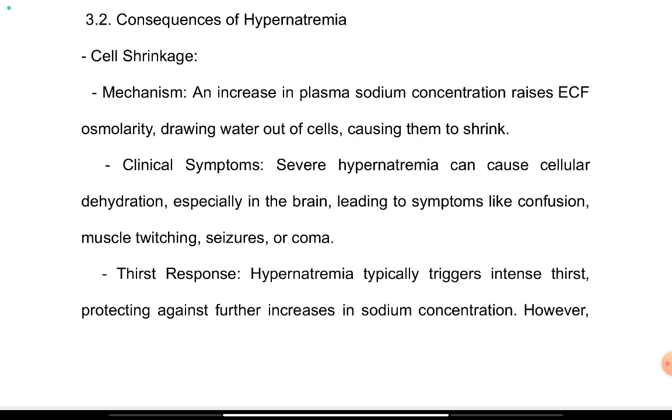Basic principle of osmosis: there will be movement of fluid from an area of lower solute concentration to an area of higher solute concentration. There's higher solute concentration in the extracellular space, so by definition, there will be movement of water from the intracellular space to the extracellular space, and that will lead to shrinkage of the cell.